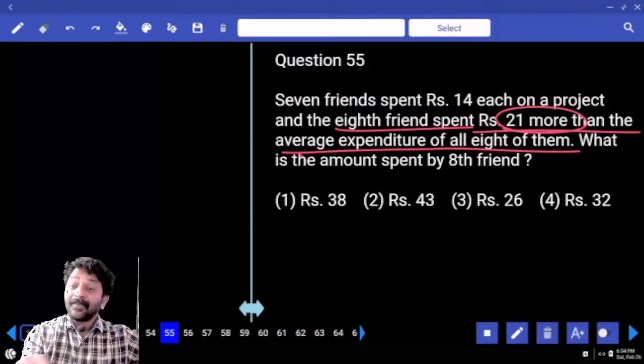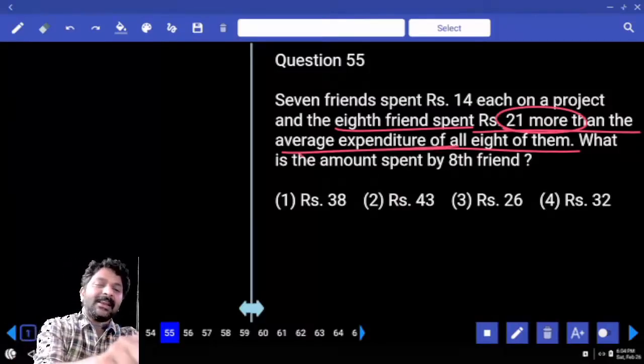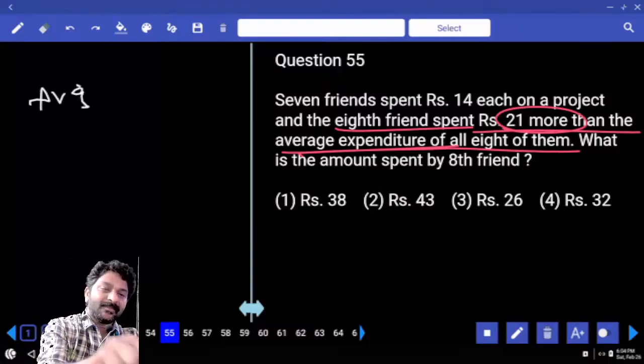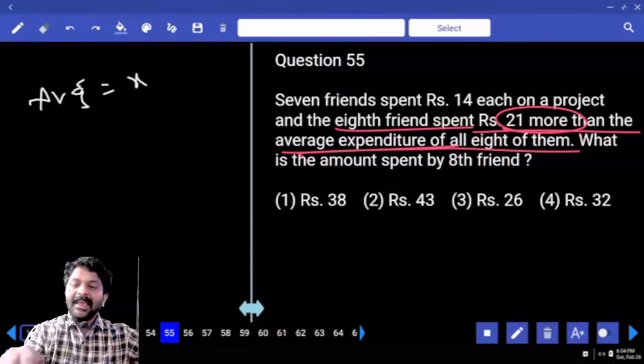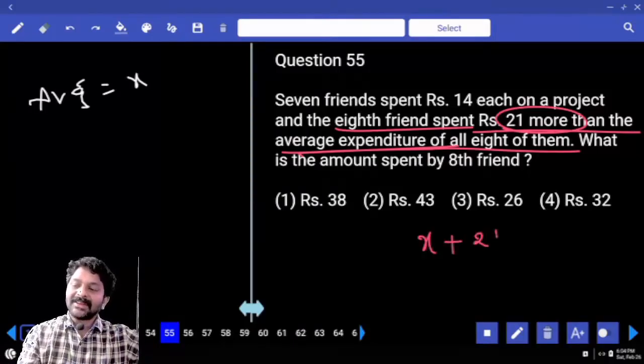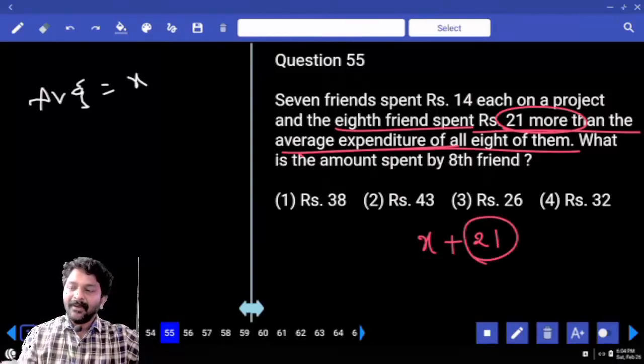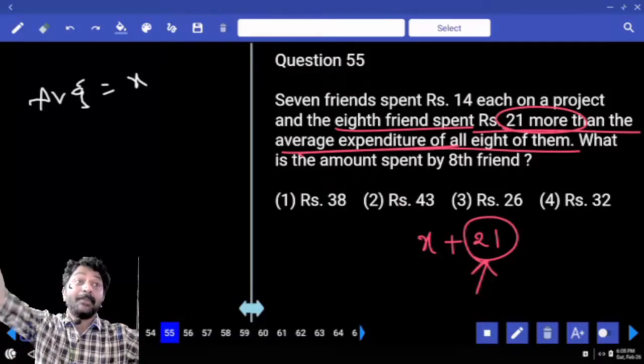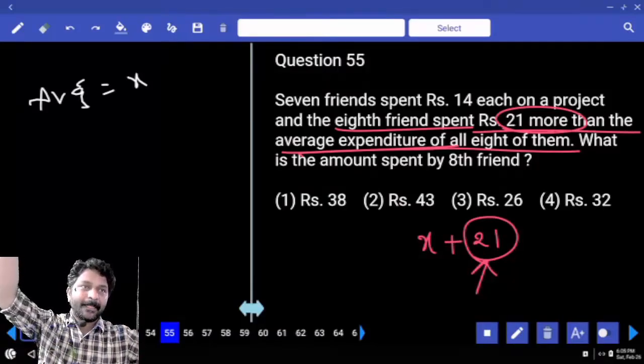More than the average. So let the average be x. That means the 8th friend spent the average money x rupees and an extra 21. Am I right? Why did he spend 21 rupees extra? Because the remaining 7 friends are unable to meet the expenditure average.